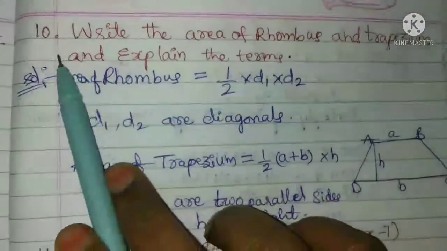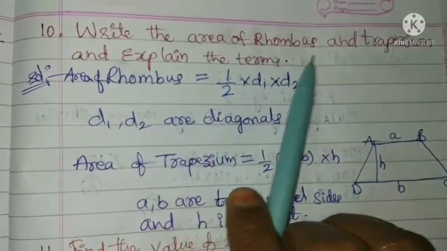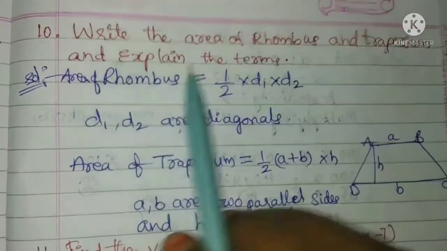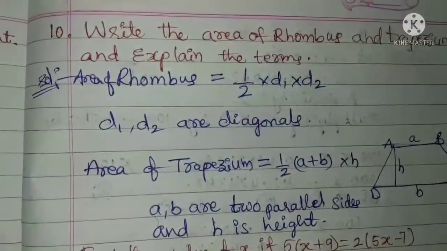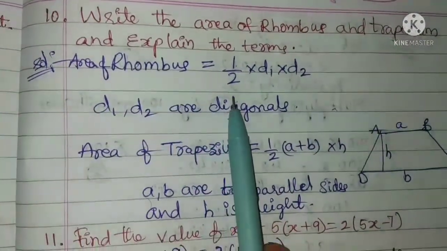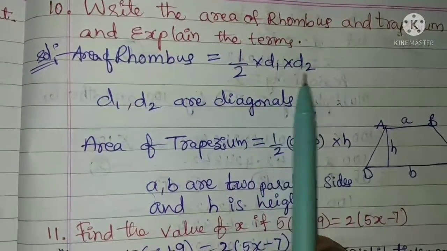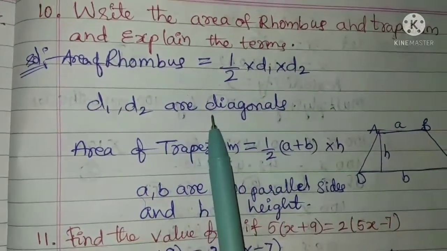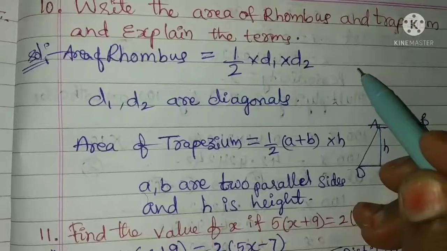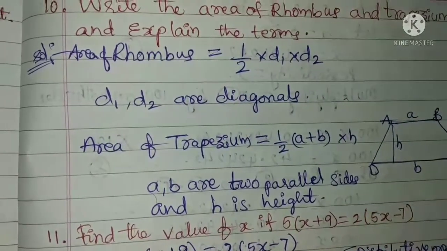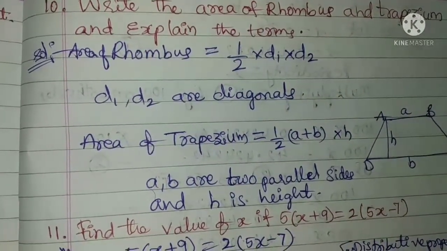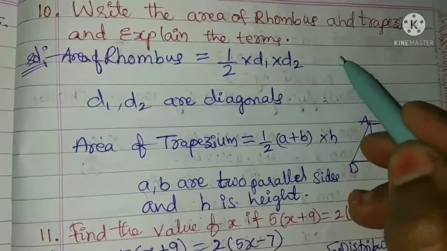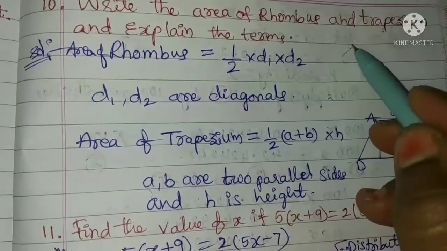Next question, 10th question. Write the area of rhombus and trapezium and explain the terms. So here, area of rhombus formula is half into d1 into d2. Here d1 and d2 are diagonals of the rhombus. Rhombus picture I'll show you.